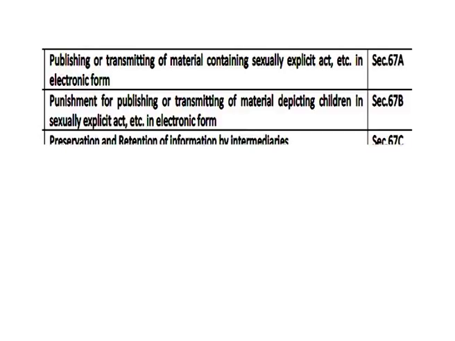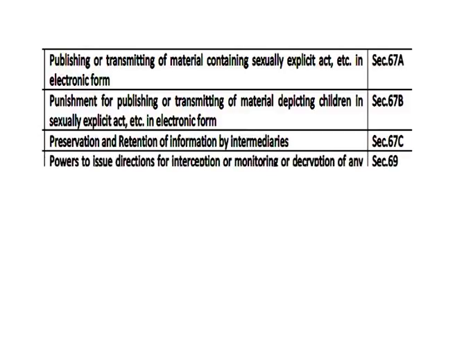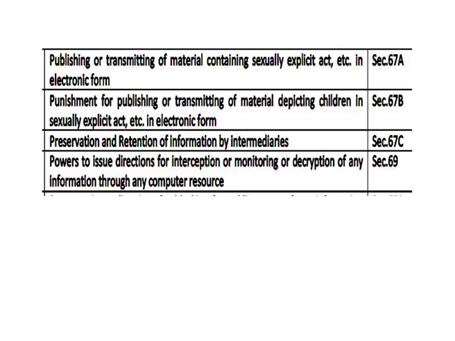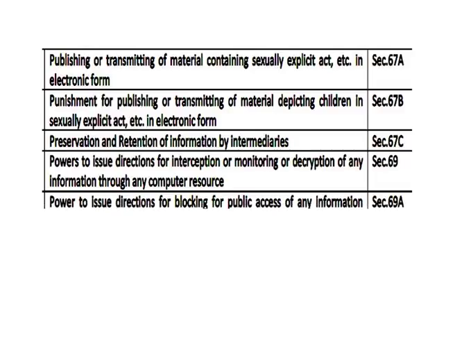Punishment for publishing or transmitting of material depicting children in sexually explicit act, etc. in electronic form under section 67B. Preservation and retention of information by intermediaries under section 67C.